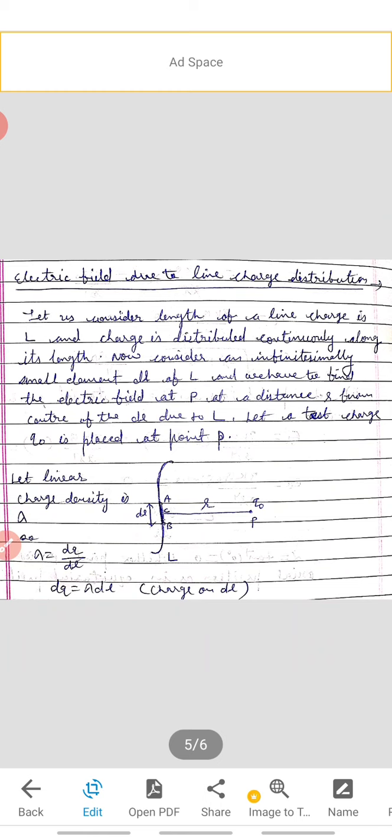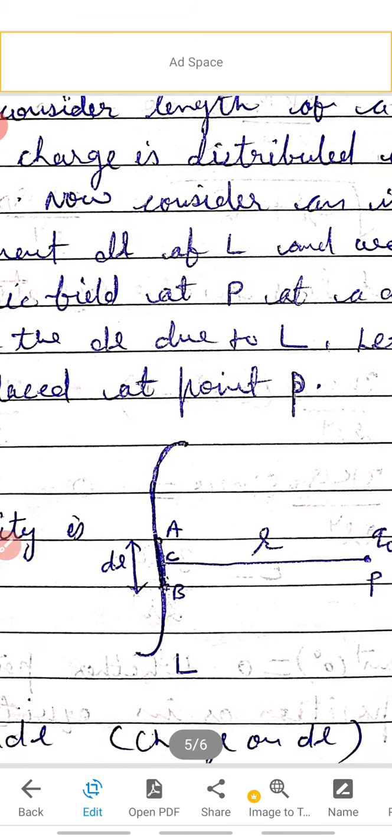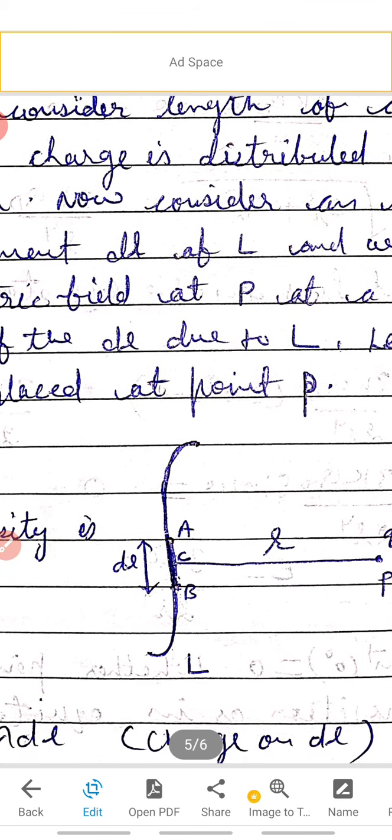Now next is electric field due to line charge distribution. For this, let us consider the length of a line charge is capital L and charge is distributed continuously along its length. This is the wire on which the charge is distributed uniformly.